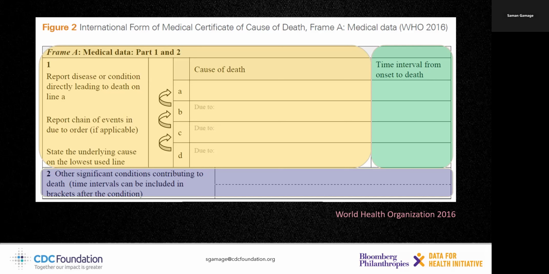Then we have part 2 for the reporting of other significant conditions contributing to death. Any other significant conditions that may have contributed to death are reported in part 2. Then you have a column to the right to enter the approximate time interval between each of these conditions and death.